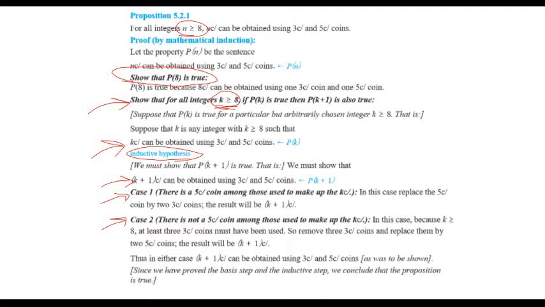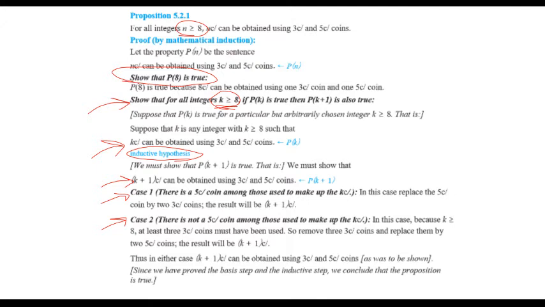Okay, and in each of these three cases we have less than 8 cents. So it's obviously impossible that we have less than three 3 cent coins in the second case.